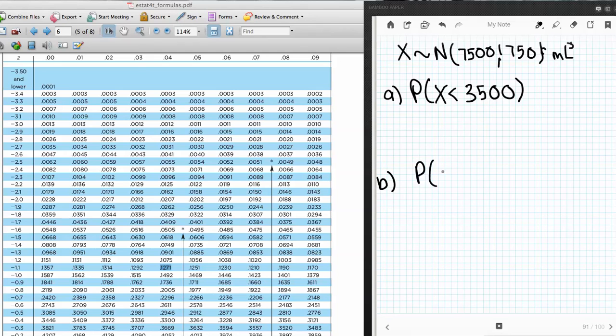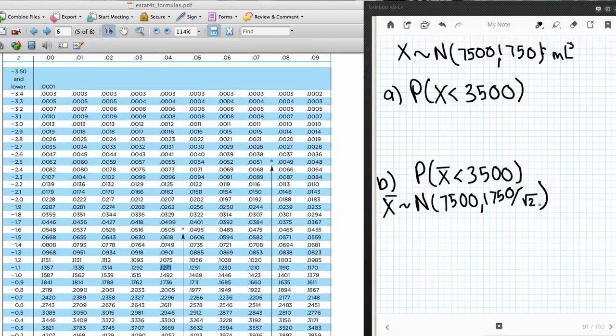So we're looking at a sample average this time, an X bar, and we want to know the probability that the average of 2 tests is less than 3,500. And so this time our X bars are distributed normally with the same mean we saw before, but now a standard error of the standard deviation of the population divided by the square root of our sample size 2.